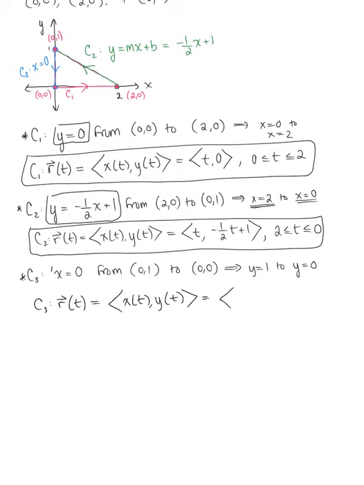So here we have the smooth curve, x is equal to 0, so x of t is 0, and we're letting y be t. And again, looking at the bounds on y of our smooth curve, we can say that this is for t greater than or equal to 1, less than or equal to 0.